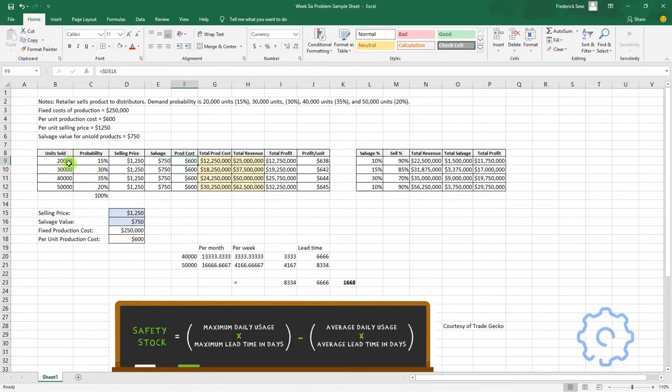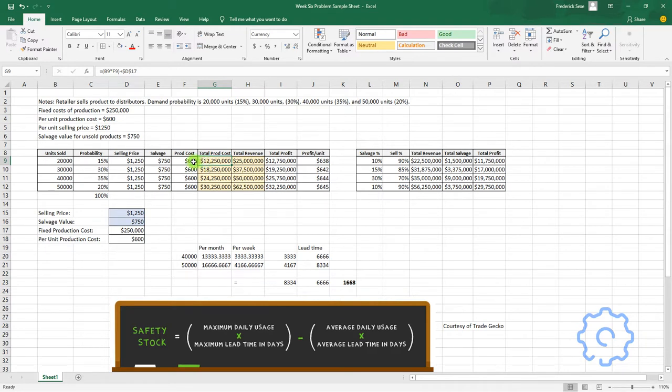I didn't go in depth with all the different calculations in the spreadsheet, but I'll go through them real quick one more time. Units sold is basically from the data that's provided. Probability is the same, selling price is the same, salvage is the same, production costs.